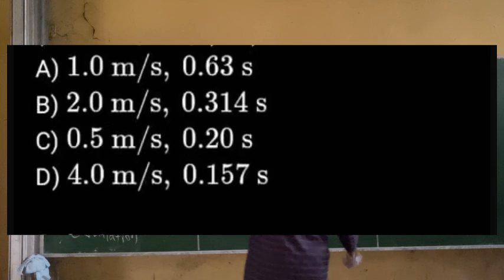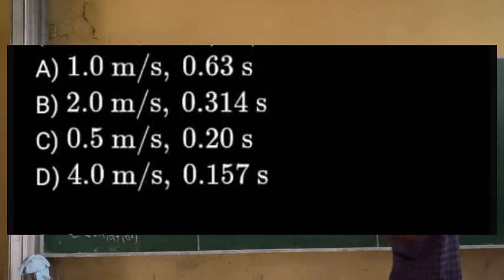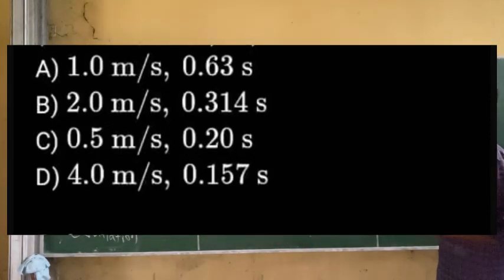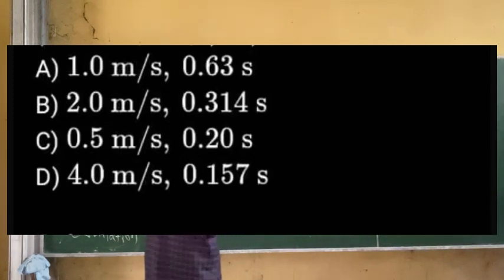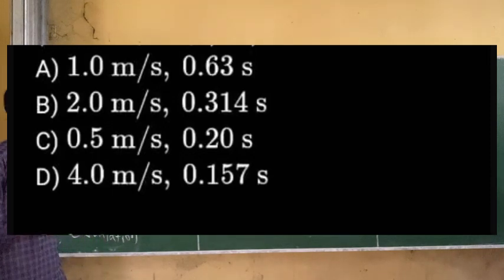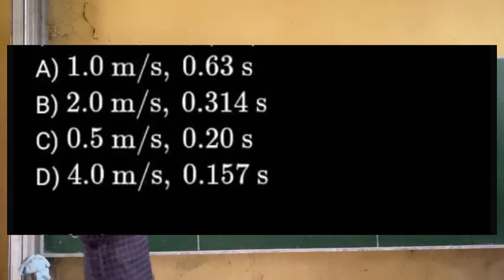Option A, 1.0 meters per second and 0.63 seconds. Option B, 2.0 meters per second and 0.314 seconds. Option C, 0.5 meters per second and 0.20 seconds. Option D, 4.0 meters per second and 0.157 seconds.